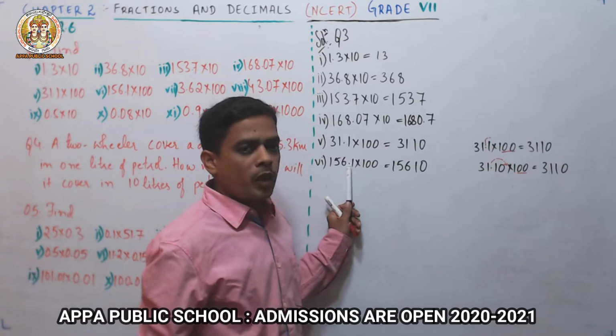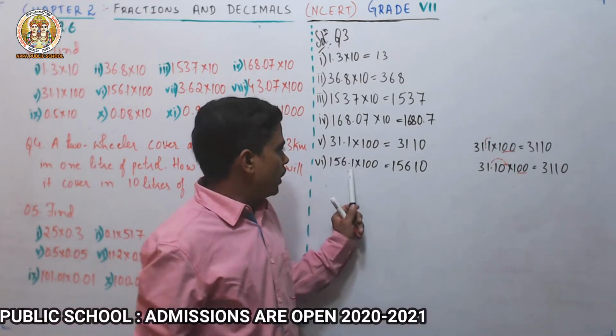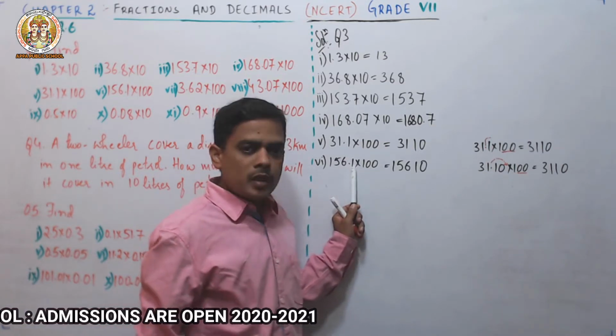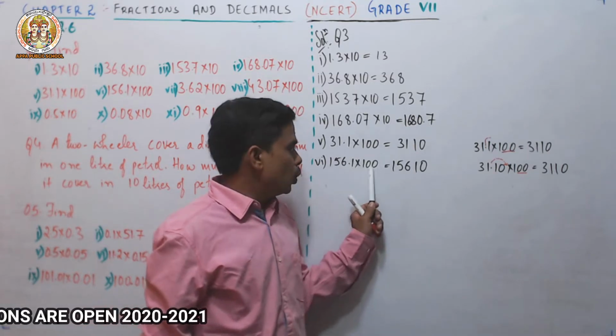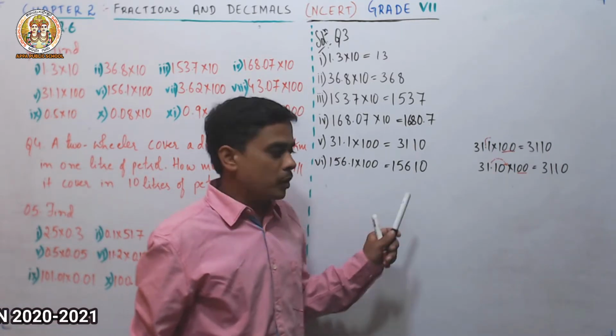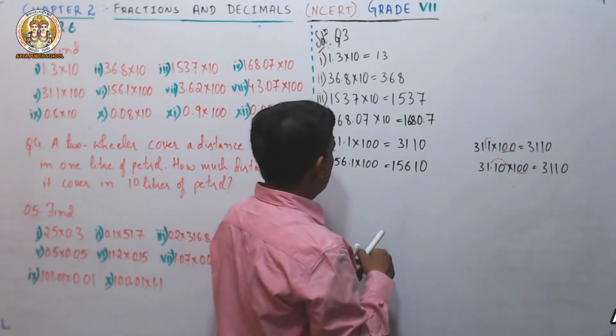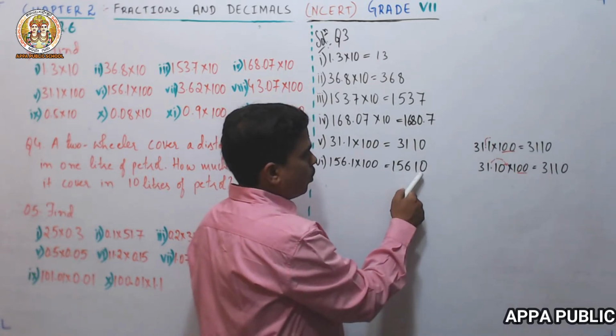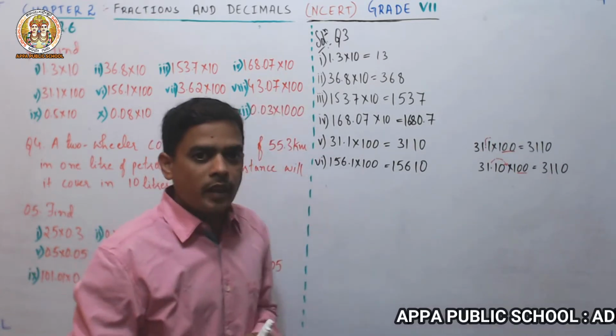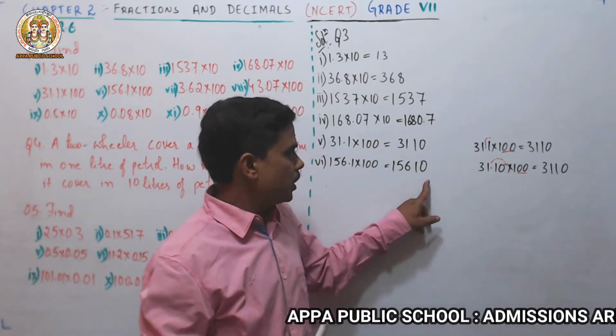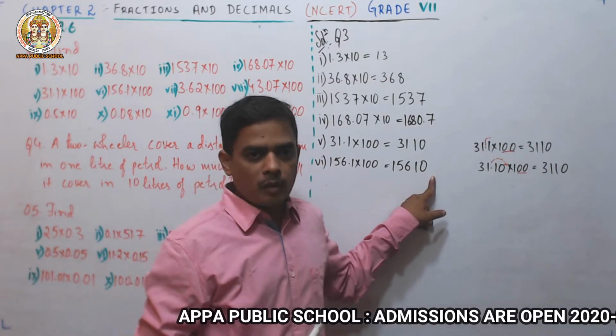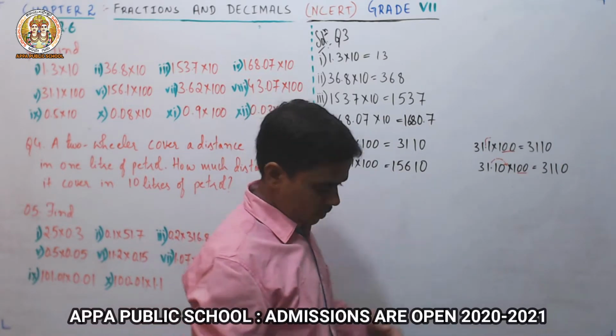But after the decimal point I have only 1 number, so I take 1 more 0. Therefore the answer will be 15,610. 15,610.0 is the same as 15,610.